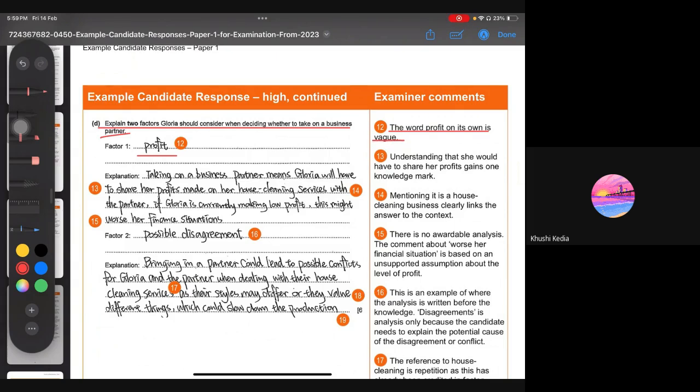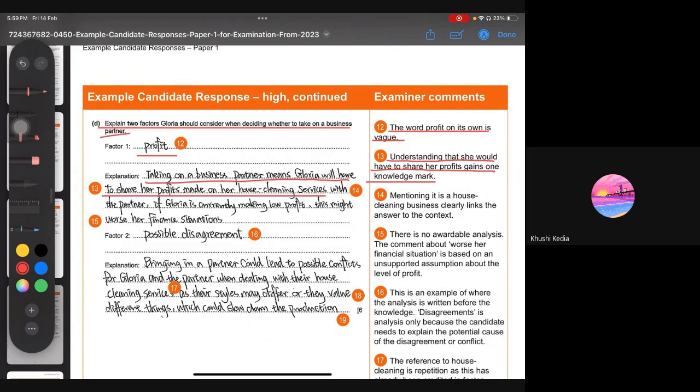But then what he did? He said that taking on a business partner means Gloria will have to share her profits made on her house cleaning service. Now it is more clear that she will have to share the profits. He says, understanding that she would have to share her profit gains, one knowledge mark.